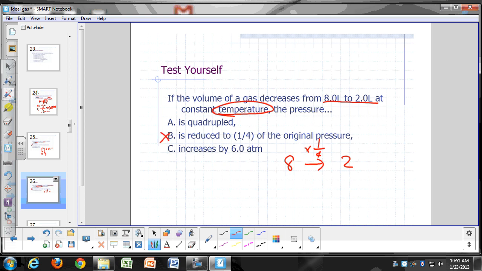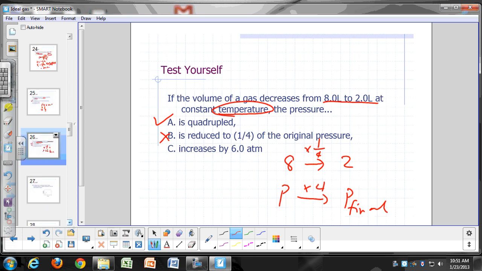So it's not going to be reduced. It's going to be quadrupled. So whatever your original pressure is, you're going to be multiplying it by 4 to get the final pressure. So A would be the answer. The pressure would be quadrupled.